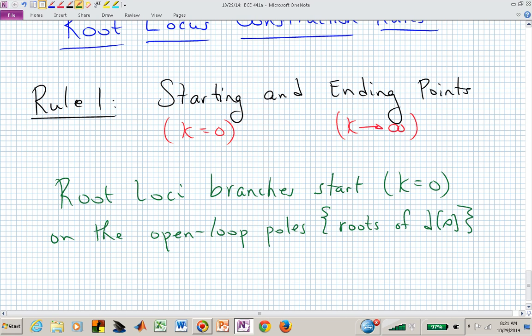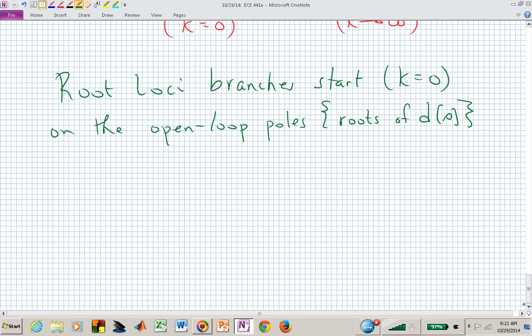So the roots of d of s are our open loop poles. That's where our root locus branches start. And then I'm going to say, and some of the branches end, and that's when k is approaching infinity.